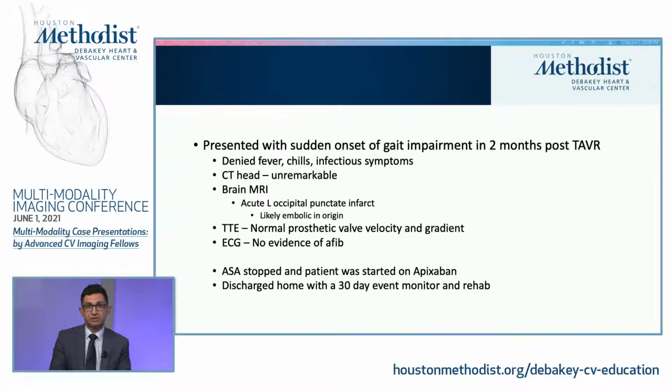They thought this was very likely embolic in origin, so he had an echocardiogram, which showed normal prosthetic valve velocity and gradient, and his ECG didn't show any evidence of atrial fibrillation. So his aspirin was stopped, he was started on apixaban, and he was discharged home with a 30-day event monitor to look for any subclinical atrial fibrillation, and he was also referred for rehab.